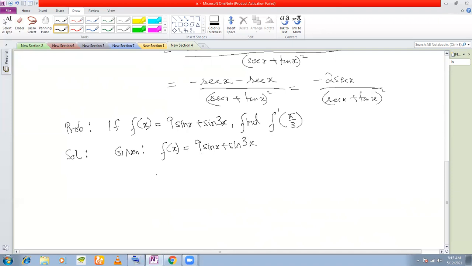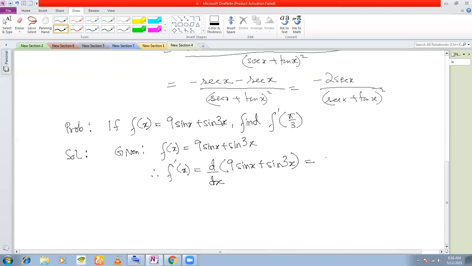Okay. F dash pi by 3 means what? What does f dash mean? F dash means the derivative or the differentiation of f(x), right? So therefore, if you write f dash x, it means d/dx of, that is the first derivative of 9 sin x plus sin 3x, right?